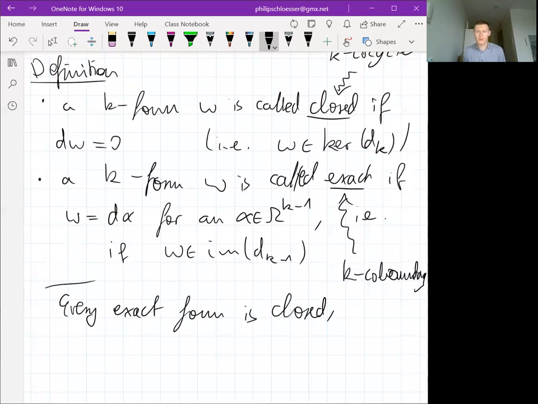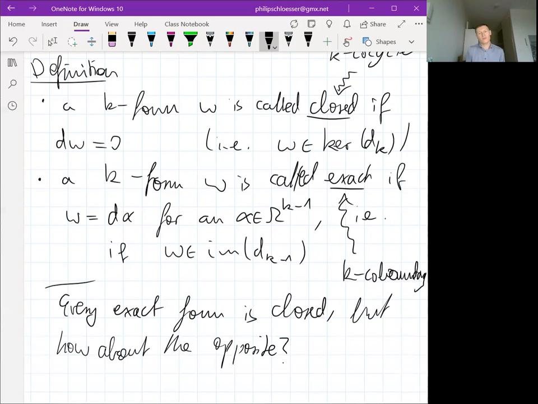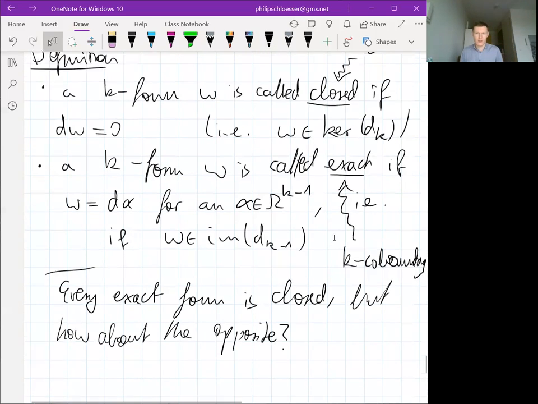But is the opposite also the case? And the answer is no, not generally.